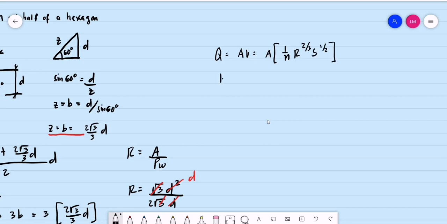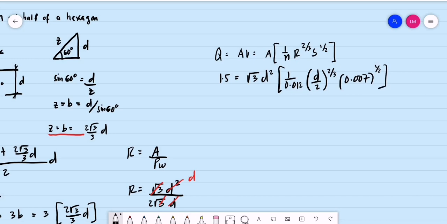The given discharge is 1.5 cubic meters per second. Area for the most efficient trapezoidal section is the square root of 3 D squared, multiplied by 1 over the roughness coefficient 0.012, hydraulic radius is simply D over 2, raised to 2 over 3. Our hydraulic slope is given as 0.007 raised to 1/2.